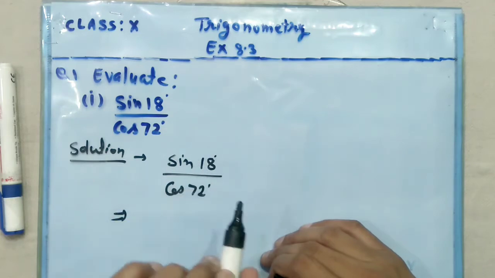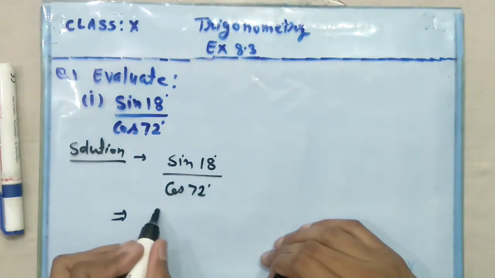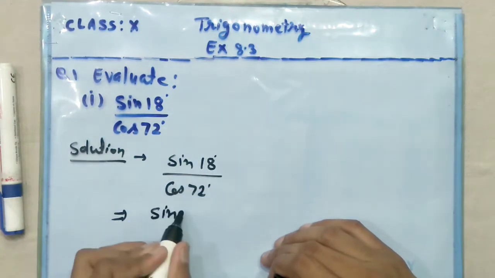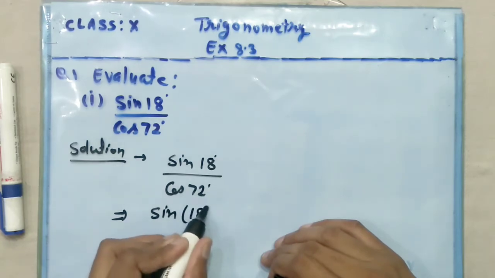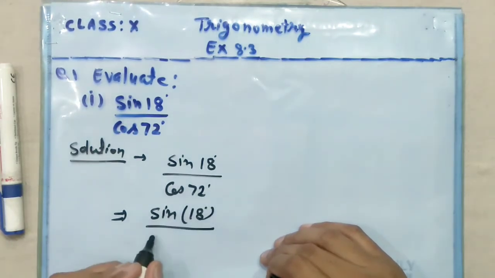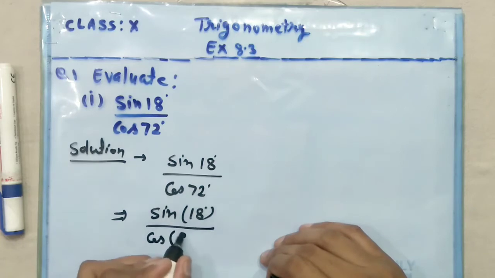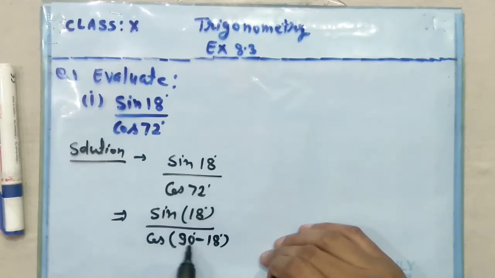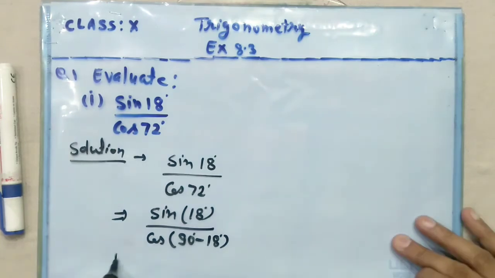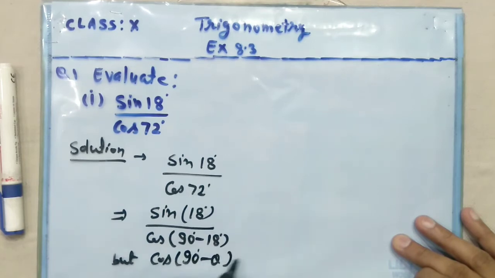So I can write this as sine 18 degree upon cos 90 degree minus 18 degree. You know 90 minus 18 will be 72, but cos 90 minus theta is equal to sine theta.